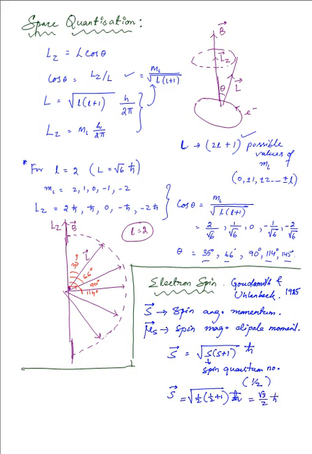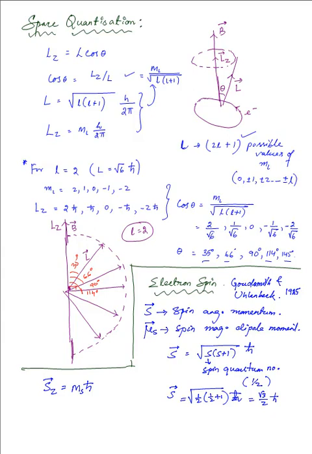And as far as the component of the spin angular momentum is concerned, we have Sz equal to ms times h bar. Now ms again takes two values, that is half and minus half.